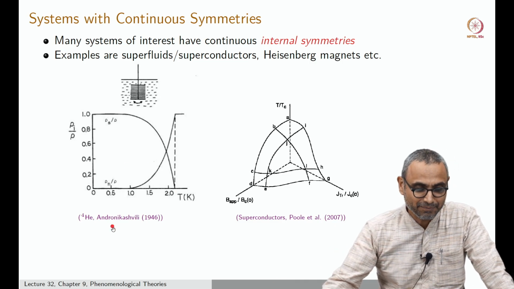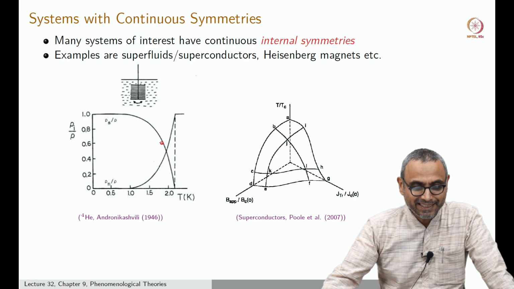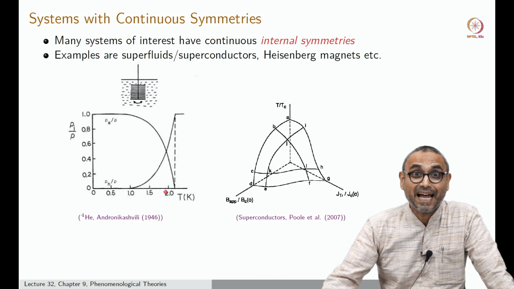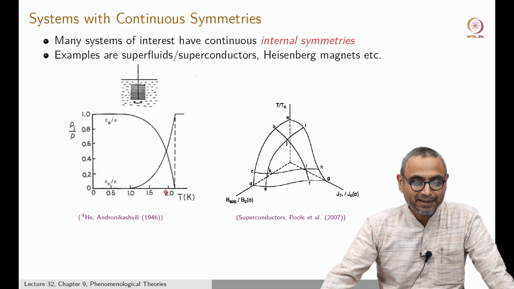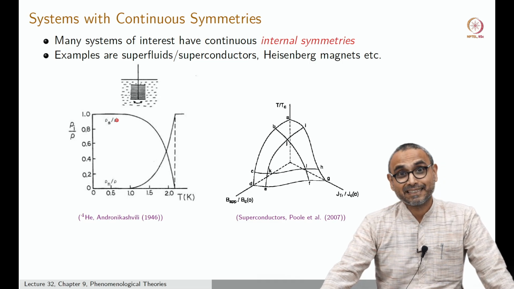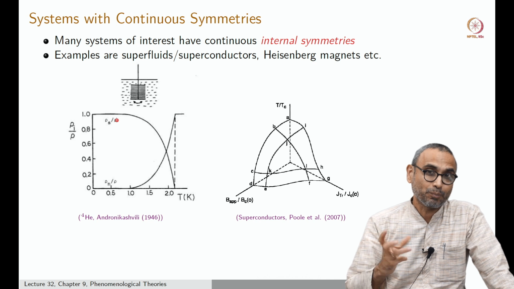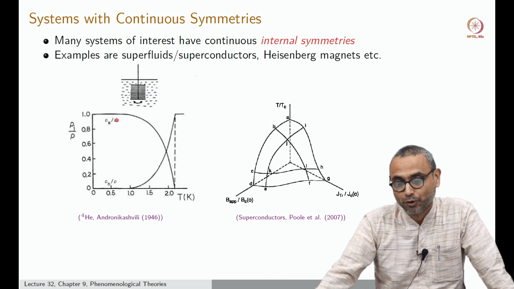This is done by a beautiful set of experiments by Andronikashvili. And what is shown here is that the superfluid density grows as you reduce temperature below this lambda transition temperature. So this looks very much like an order parameter. And we even argued that the symmetry of the superfluid is described by something called the U1 group, which is a continuous group.